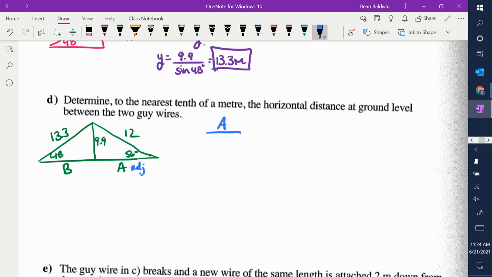Or because you know two sides, you could use Pythagorean Theorem. And then you can do the same for finding B. I'm going to let you figure it out. I'm going to freeze it. I'll do it. I'm going to do trig, but if you want to use Pythagorean Theorem, it's your choice.